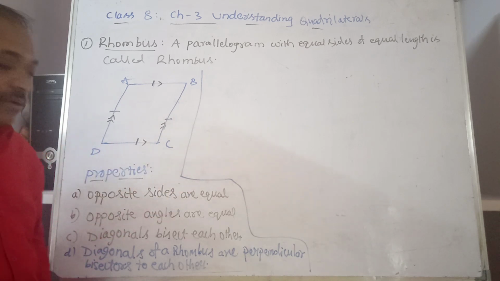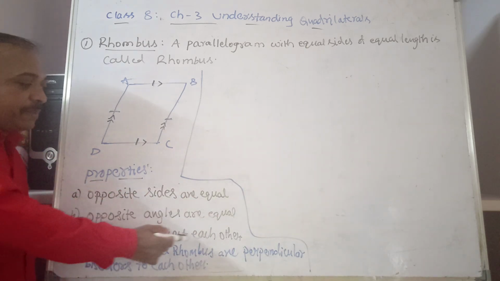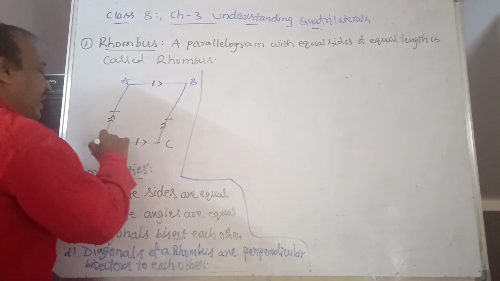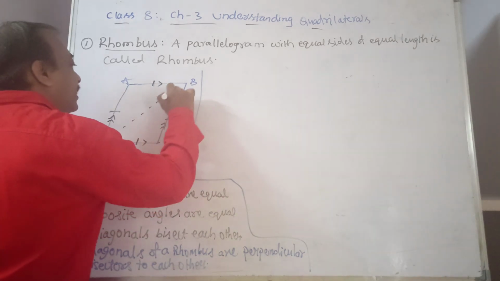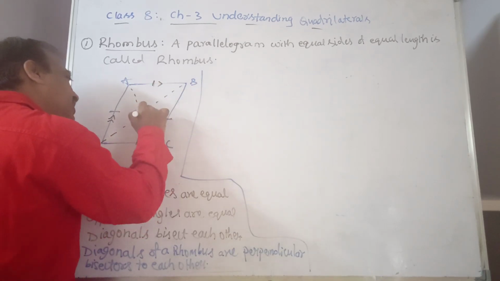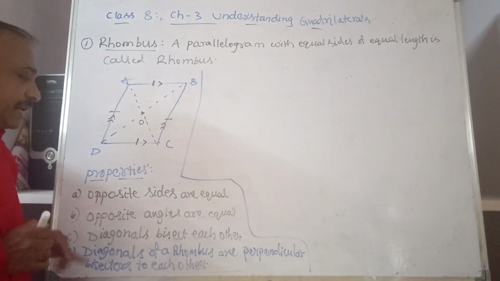Opposite sides are equal, opposite angles are equal, diagonals bisect each other at a point. These are the diagonals. So diagonals bisect each other at a point.